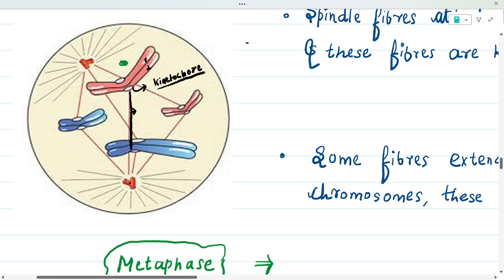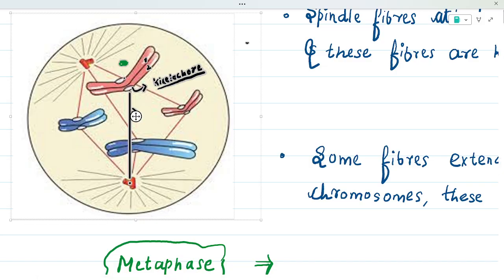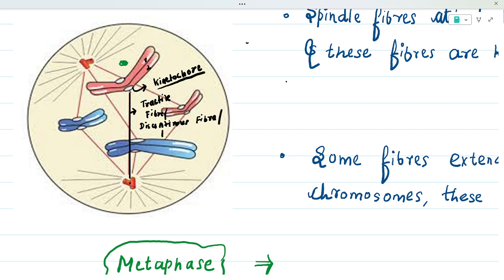The spindle fiber which is coming out from this centrosome and attaching to the kinetochore site is known as tractile fiber, discontinuous fiber, or the kinetochore fiber.